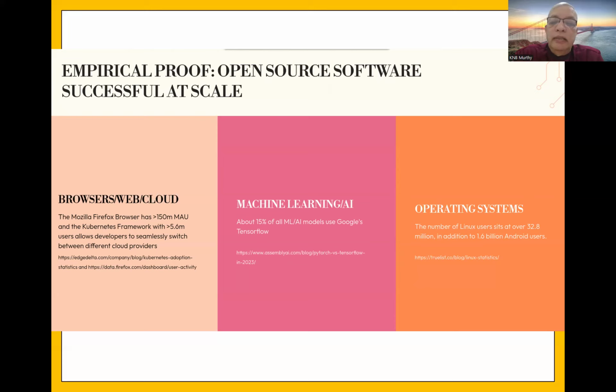Similarly, in machine learning and AI, about 15% of AI and machine learning users use Google's TensorFlow. It's open source. Similarly, in operating systems, the number of Linux users is over 32.8 million, in addition to 1.6 billion Android users. It's a demonstration that open source is being used at scale.